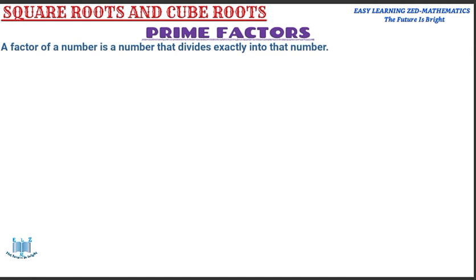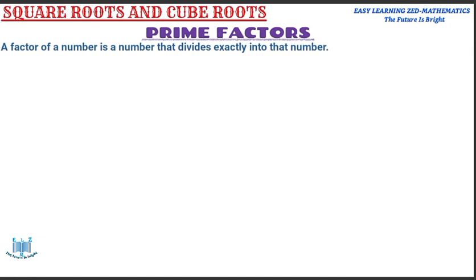But 3 is not a factor of 4, because when I divide 4 by 3, it will give me 1 with a remainder of 1. So since it leaves a remainder, that means it's not a factor of 4. So that is a factor. It's a number that can divide a number without leaving a remainder.